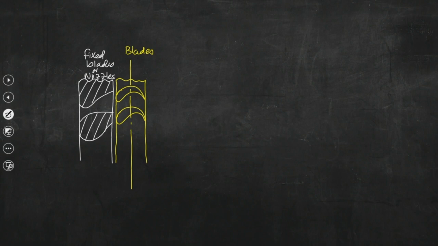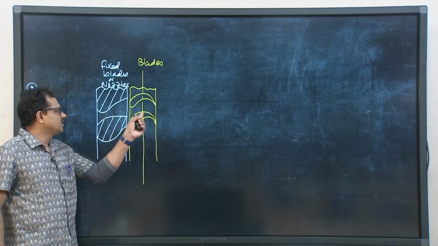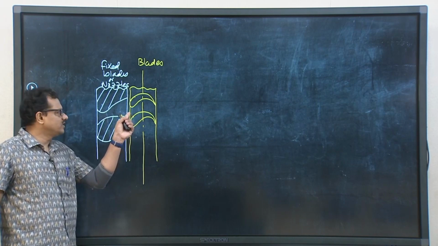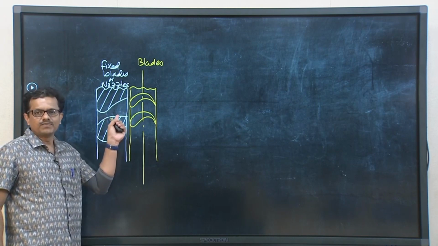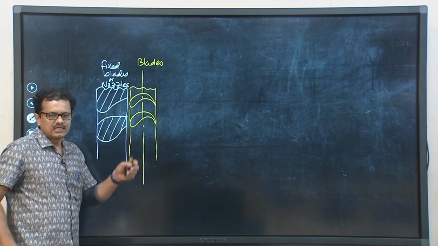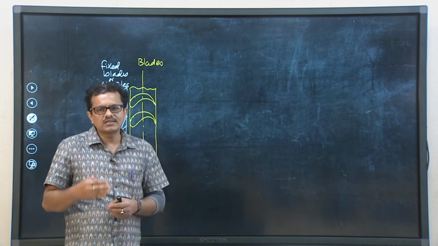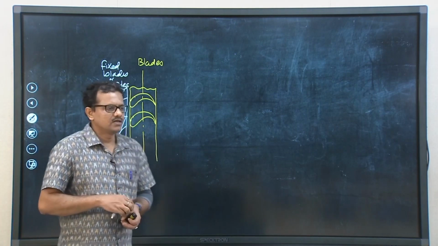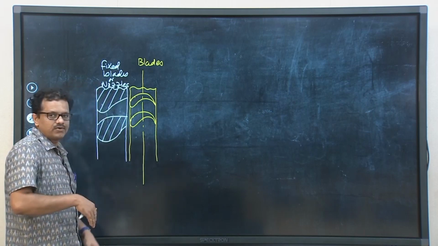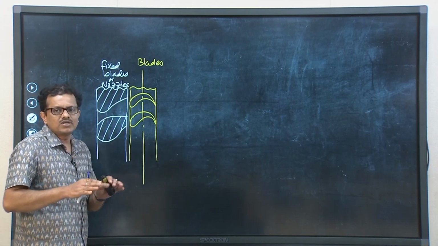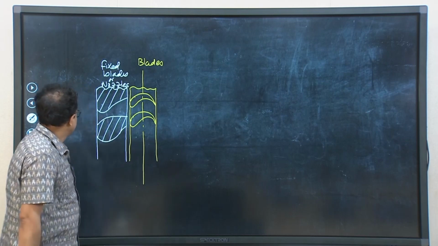Though we have drawn here only one nozzle and two blades, we need to know the passage between two consecutive blades. We are interested in analyzing the working principle in a deeper way, and that too we are interested in knowing about the velocity components.